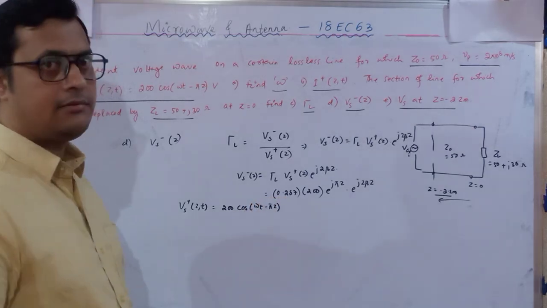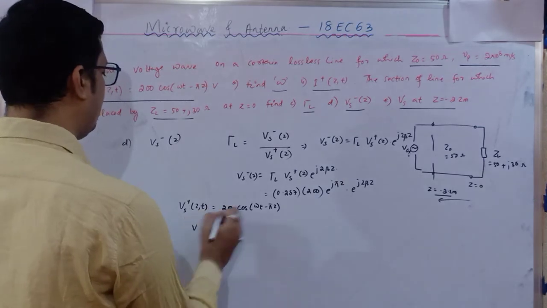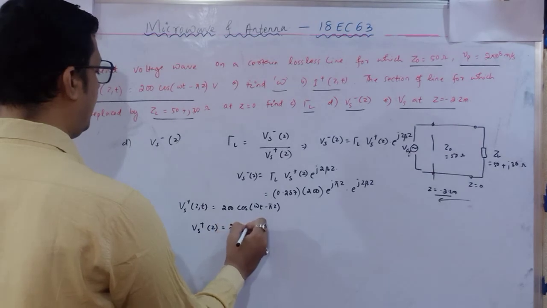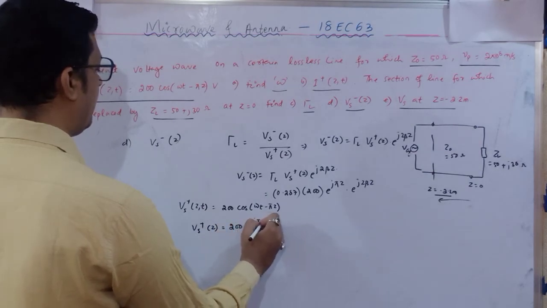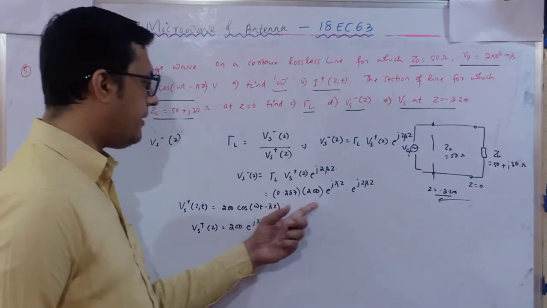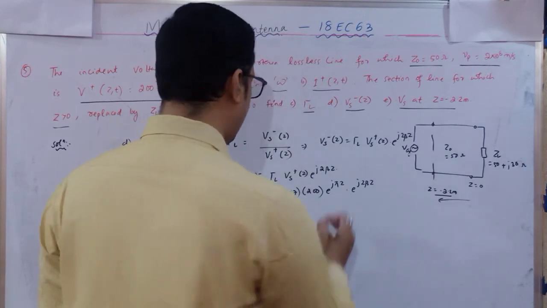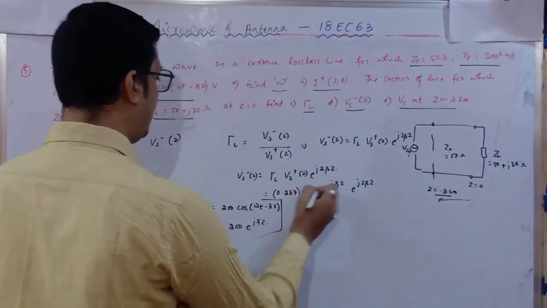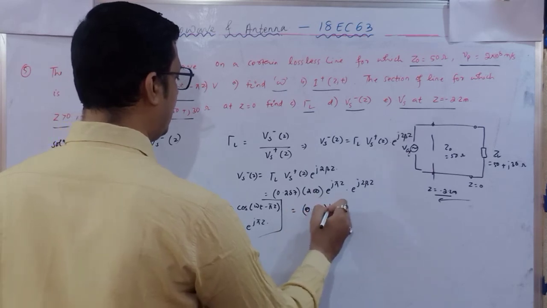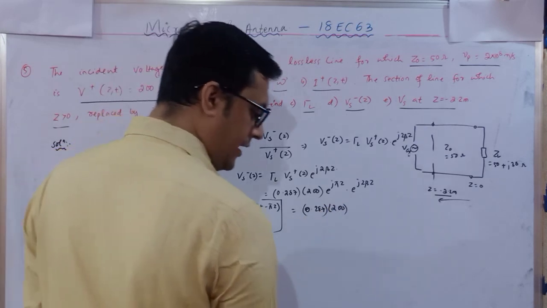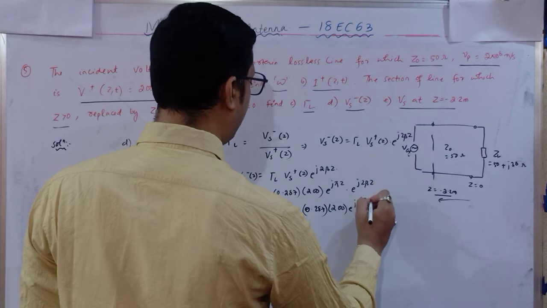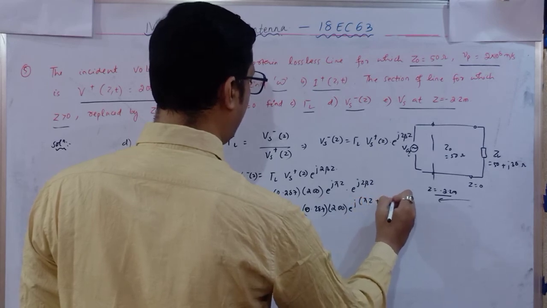You have to represent this in phasor form, which means you have to remove this omega t. So Vs plus of z, I can write as 200 e to the power j pi z. This factor I have multiplied here, and this Vs I have substituted. So it is 0.287 into 200 and e to the power j, this is pi z plus 2 beta z.